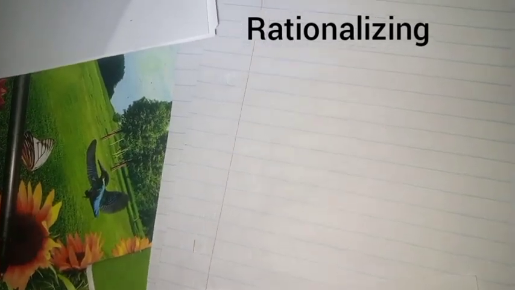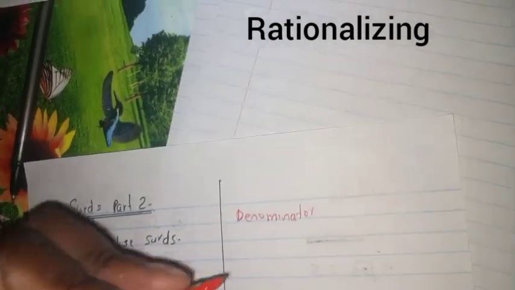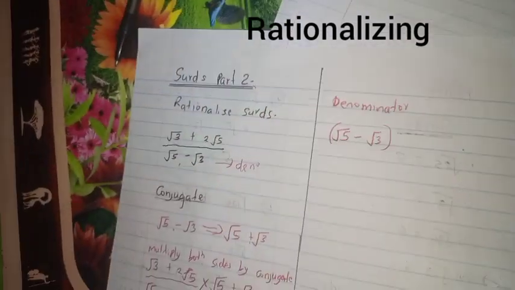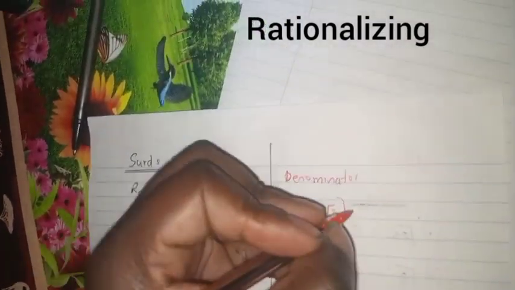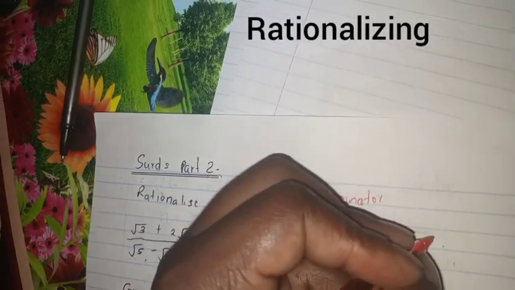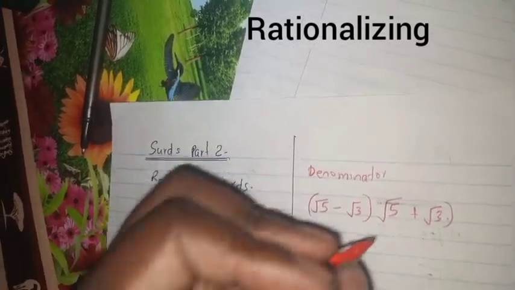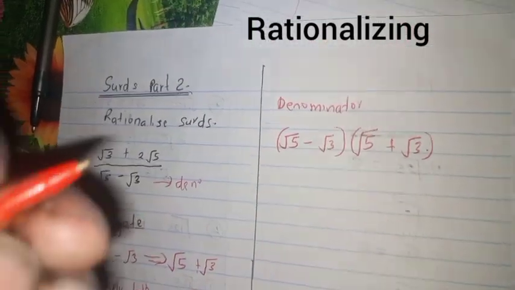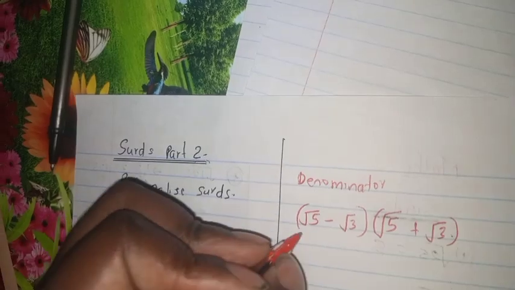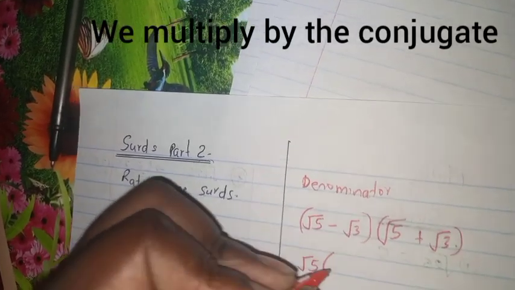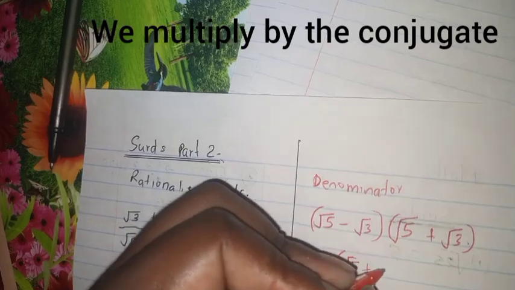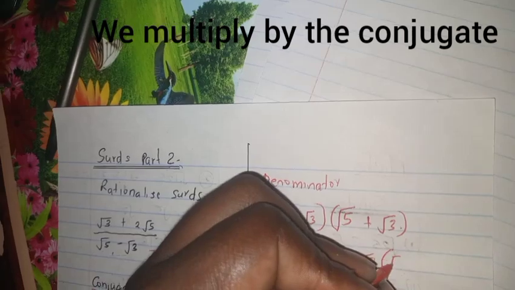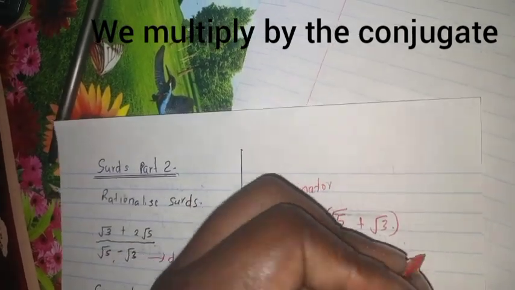Denominator. In the denominator we had root 5 minus root 3, and our conjugate we said is root 5 plus root 3. Having done that, we can use the method that we've used in the numerator to rationalize, and that means we will have root 5 in bracket root 5 plus root 3, and then minus root 3 in bracket root 5 plus root 3.